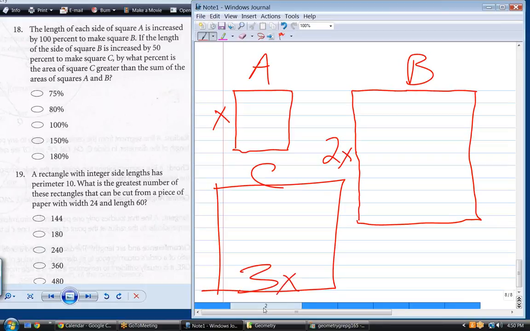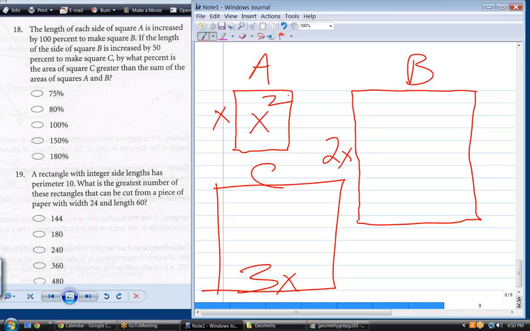By what percent is the area of square C greater than the sum of the areas of square A and B? Okay, so what's the area of square A? x squared.